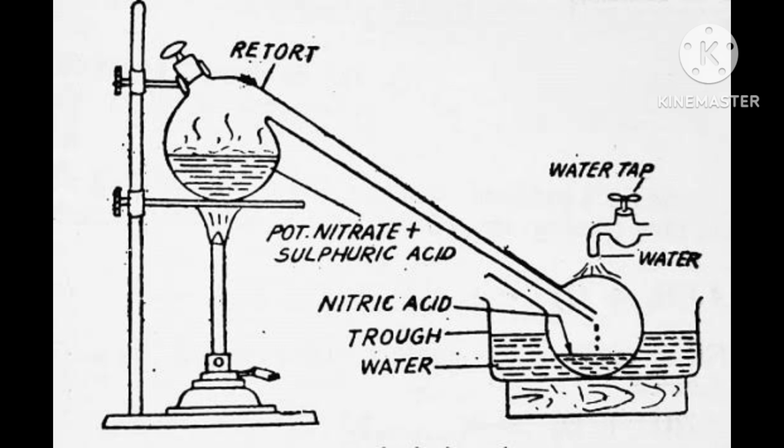This is the balanced equation for dilute nitric acid. And with concentrated nitric acid, Cu plus 4HNO3 gives Cu(NO3)2, the same product but only one molecule, plus 2NO2 plus 2H2O.